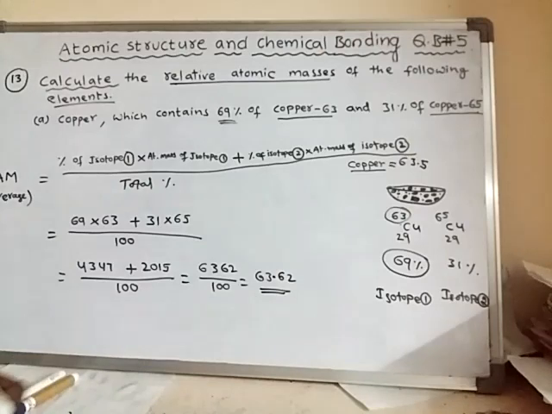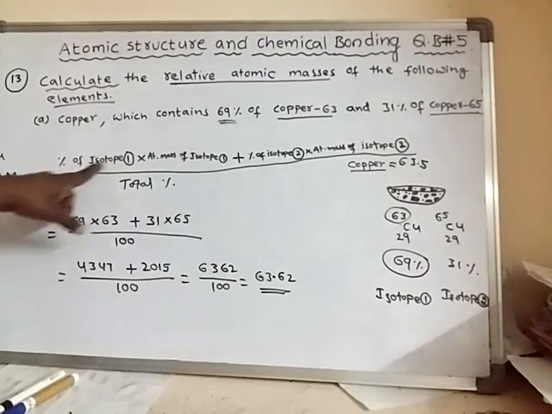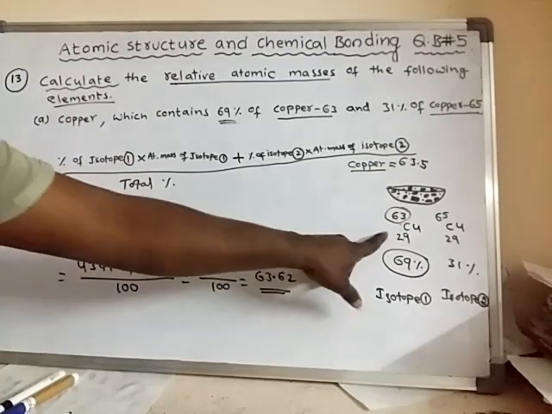So this is the average atomic mass, or relative atomic mass, of copper. How do we calculate the relative atomic mass when isotopes are given?